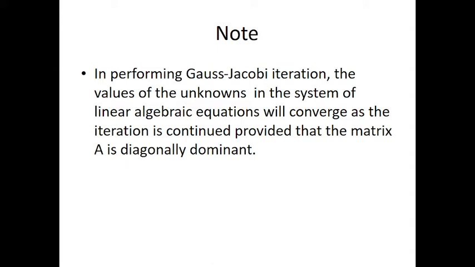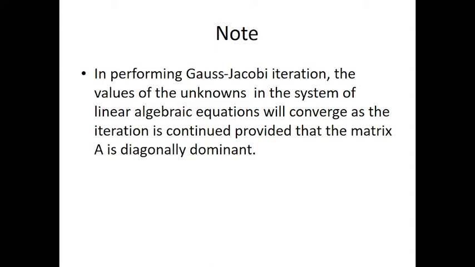So when we say that the system will converge as the iteration is continued, when we perform Gauss-Jacobi iteration, there's a chance that the value of every unknown will converge.